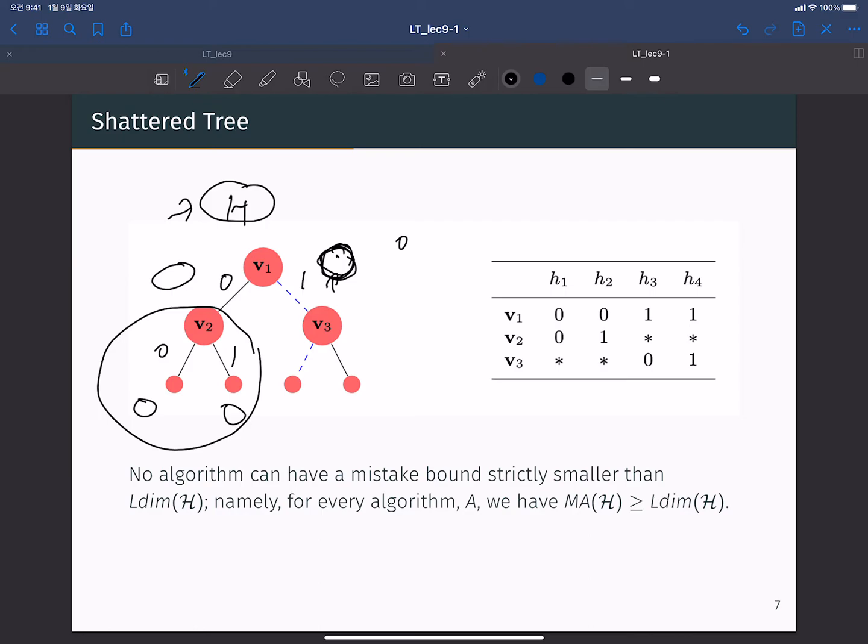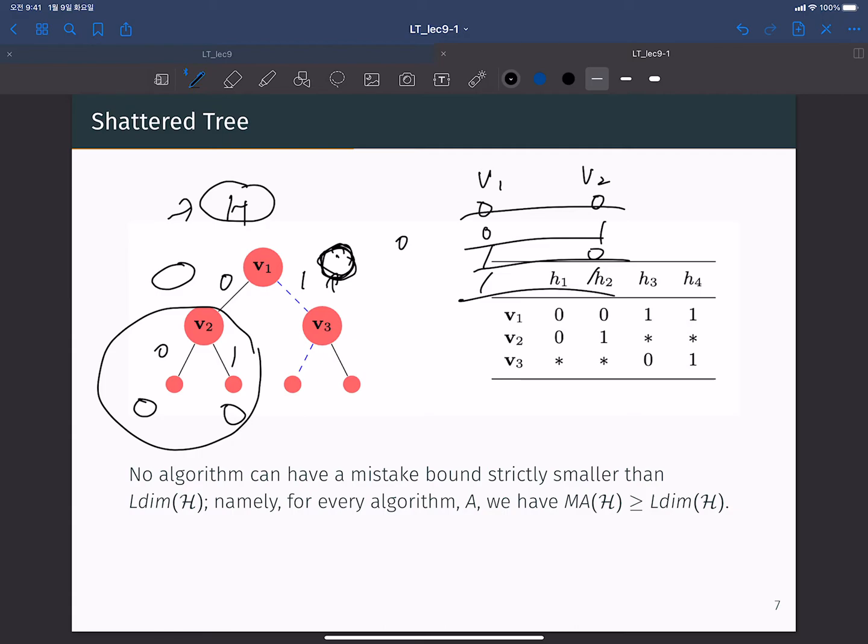But for VC dimension 2, when we have two instances v1 and v2, we have to have some hypothesis having response 0 0, having response 0 1, having response 1 0, and 1 1. We have to have hypotheses with each of these responses. Okay?